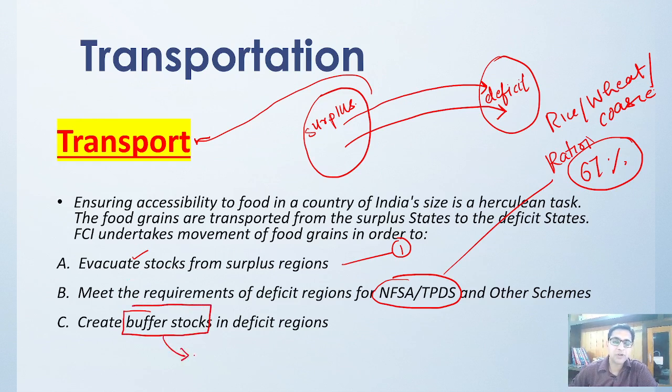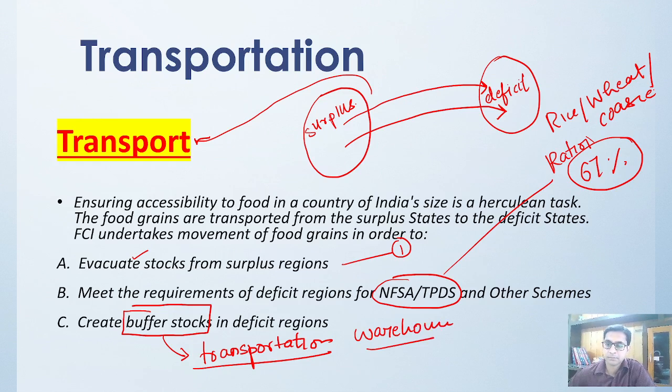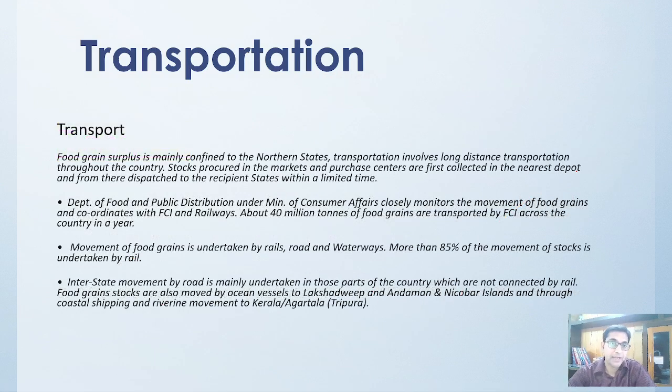Buffer stock will only be created when we have proper transportation to make the product reach the warehouses where it can be stored. So these are the three important things for which we need transportation in agriculture.